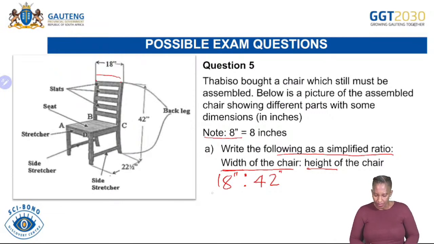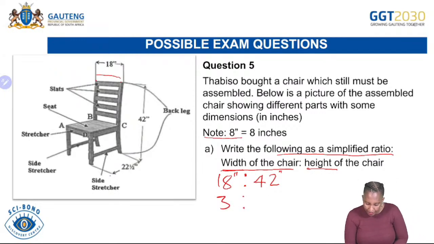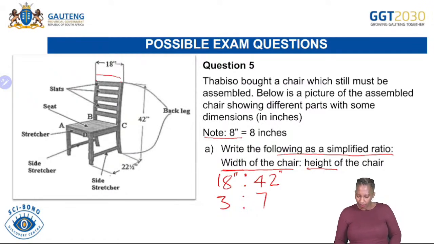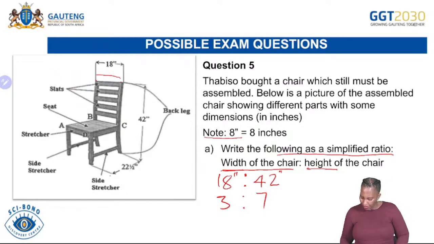The number is 6. And then now we say 6 goes how many times into 18? It's 6, 12, 18. So it goes 3 times. And then into 42, it goes how many times? It goes 7 times. So, and again, boys and girls, it's so simple. You can use your calculator. You can say 18, and then you divide it by 42.